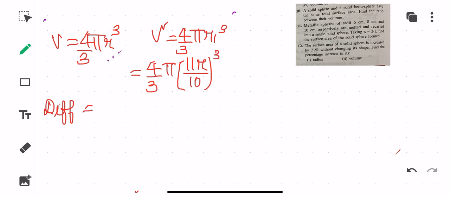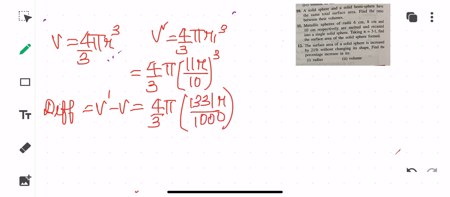Difference is equal to v dash minus v, because we need to find out the percentage, children. That is 4 upon 3 pi into 11r cube, which is 1331 r cube divided by 1000, minus the original v, which is how much, children? 4 upon 3 pi r cube.